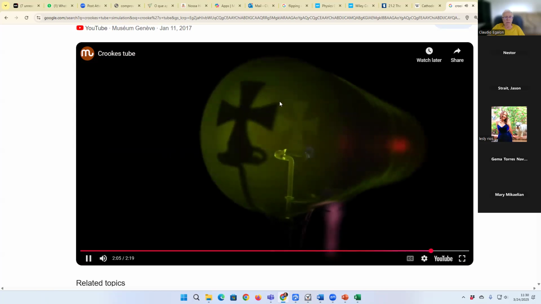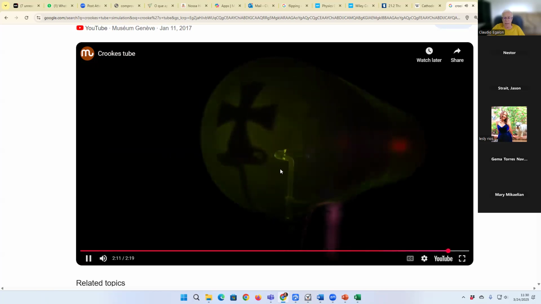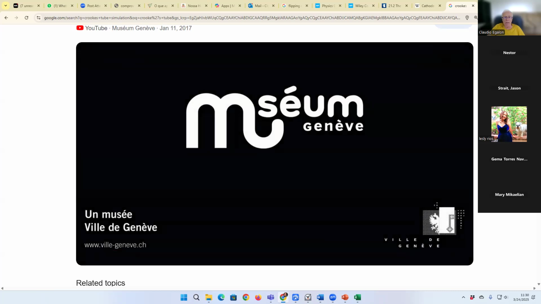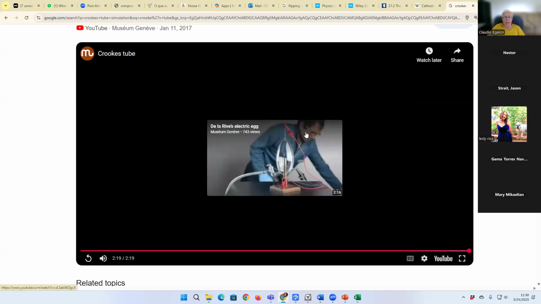And again, here, the Maltese cross right in here, the greenish color that you see is that phosphorescent material that the electrons are colliding against, giving off that greenish color.